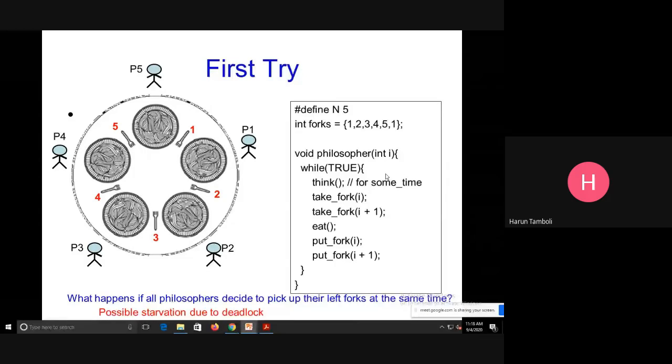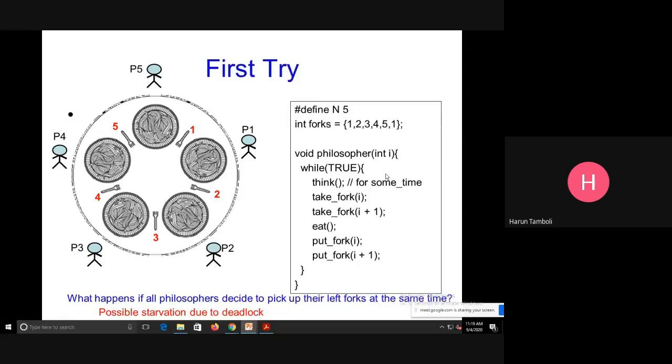What happened here? Suppose all philosophers are thinking for some time, and after that all of them feel hungry. In that case, if the chopstick is left, he will wait.